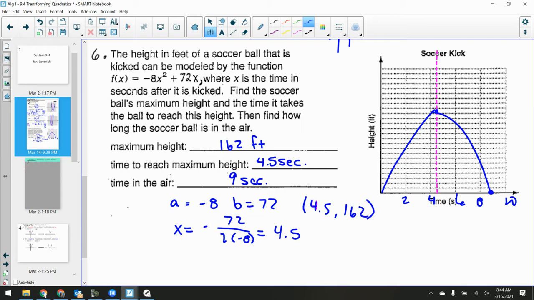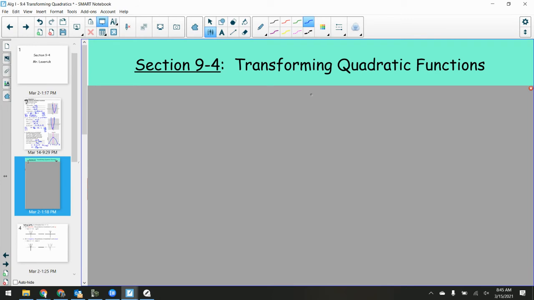So section 9.4 is all about transforming quadratics. The word transform and transformations. Transform to me, it means to change, right? To change from something old to something new, okay? What we're going to be doing is transforming an old quadratic and making it new. And what we're going to do is look at the equations to see what's different about the equations, what's going on in the equation to make that new thing happen. That's what we're going to be looking at today.